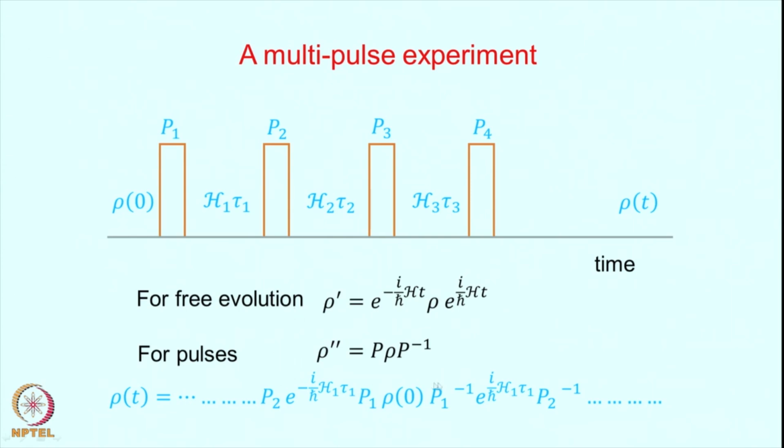This whole calculation consists of these two kinds of evolutions. One is e to the minus i by h cross Ht rho e to the i by h cross Ht. This is free evolution, this will apply to this period, this period, this period, and so on. And for the pulses we have this sort of a transformation P rho P inverse, and this will apply to this one, this one, this one, this one, and so on.